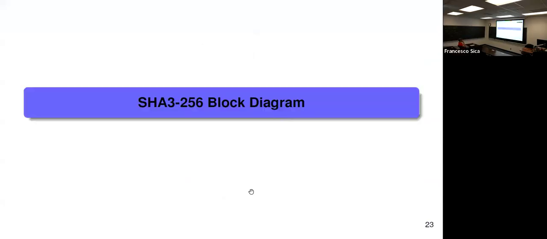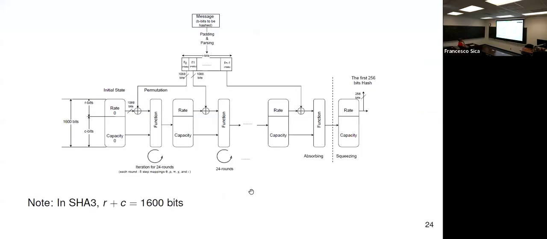Let's have a look at the SHA-3 256 block diagram. As you can see here, the original message is given to SHA-3. It should be padded at first and then parsed. Why should it be padded?